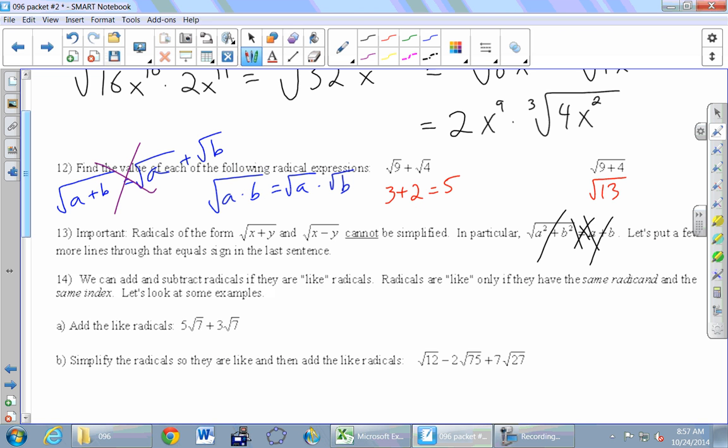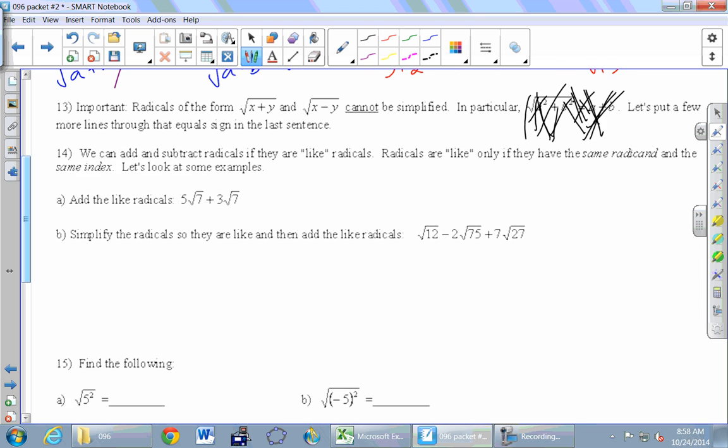Just write some angry lines, like picture some face of some person you don't like and just start scratching it off. It just doesn't work, okay? You cannot do anything with the square root of x plus y or the square root of x minus y. Addition and subtraction inside of a radical, can't do anything. Okay? Multiplication and division, they work nicely, but not addition and subtraction.